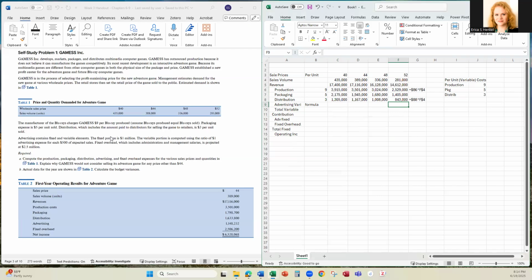Now, the advertising variable part is $1 of advertising for each $500 of expected sales. Okay, well then let's just take here sales divided by 500, right?